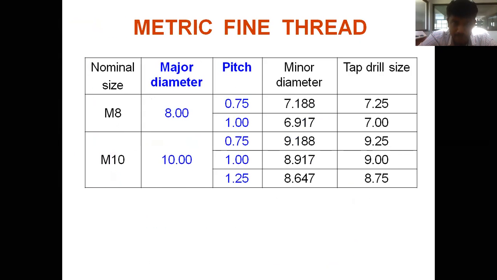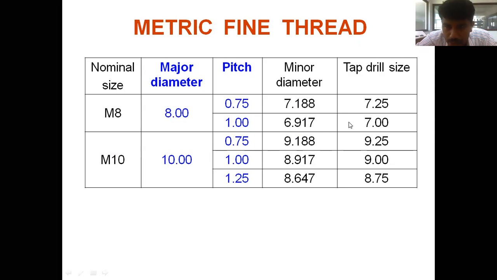Now metric fine threads, M8. Again there are fine threads. This is the major diameter M8, and we have two types, 0.75 pitch and 1 mm pitch. Then the minor diameter becomes 7.188 for this pitch, and for this pitch 6.917.